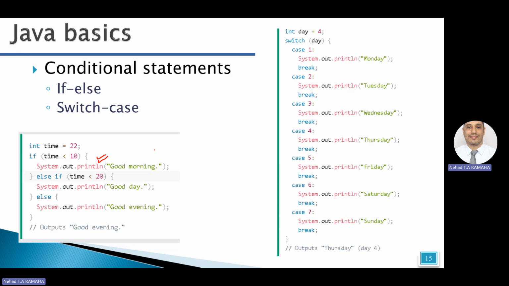Okay, so let's move to the conditional statements. We have two conditional statements in Java, like C language. We have the if else statement and we have a switch case. The if statement is normal, like C language: if this statement is true, then do some job, print, calculate something.